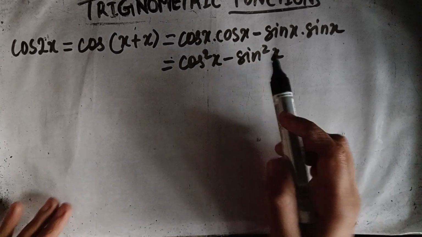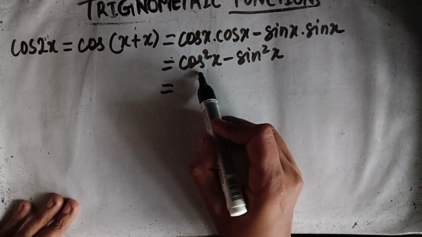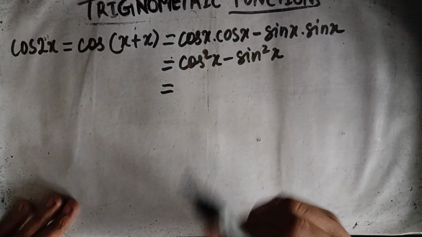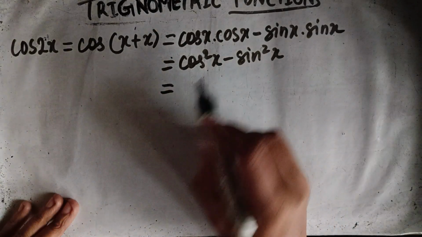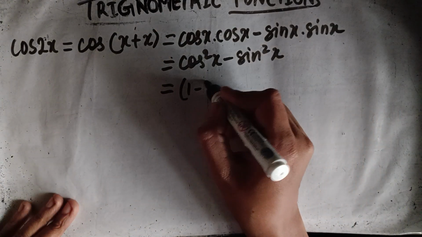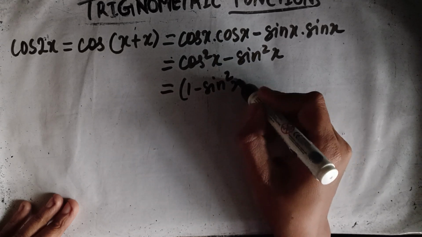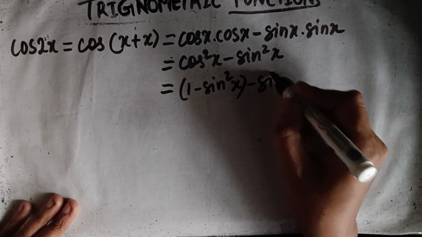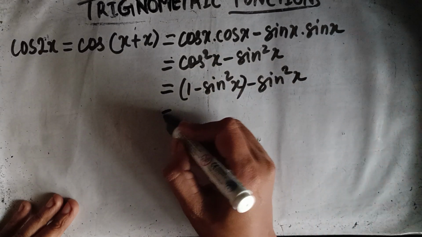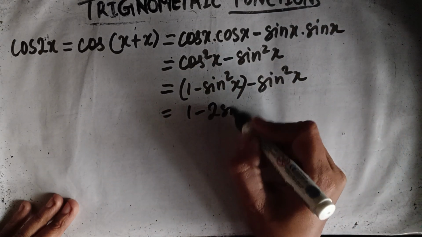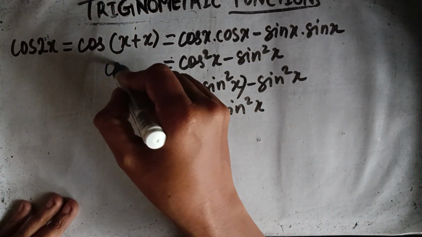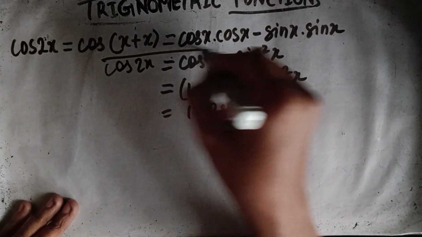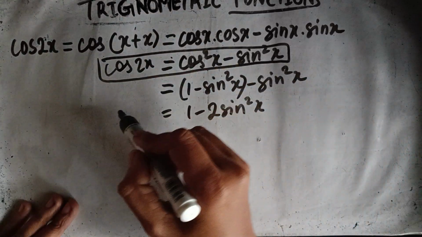Then we can substitute here using the identity sin²x + cos²x = 1. cos²x is nothing but 1 − sin²x. So 1 − sin²x − sin²x, so this will be 1 − 2 sin²x. This is the third one. So I'll write here cos 2x. This is first.